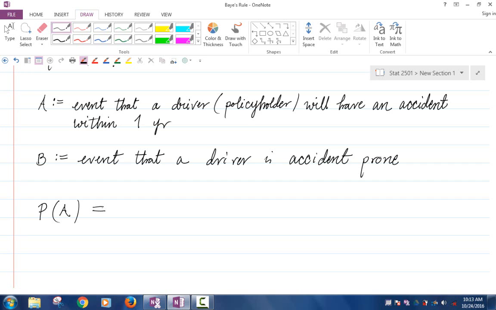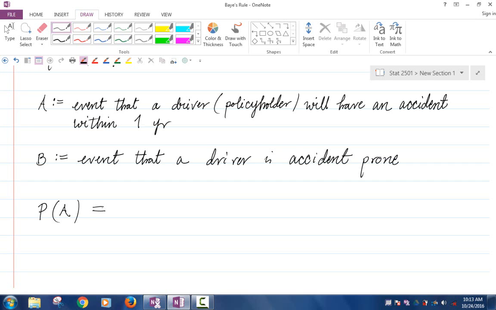So that's the probability of A given B: the probability that a driver will have an accident within a year, given that he is accident prone. That's number 1.